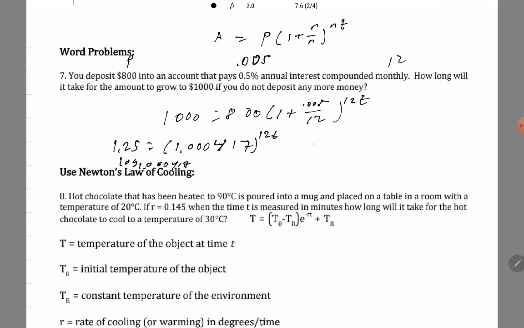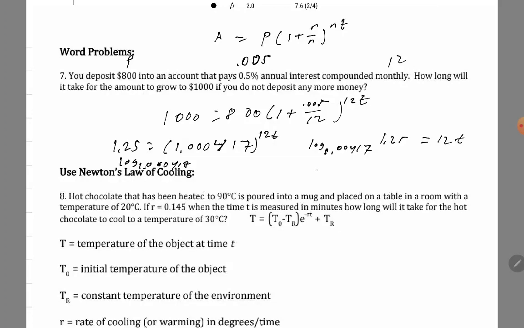So we're going to be left with, on the left side, log base 1.000417 of 1.25 equals, on the right, it'll cancel, so 12t.